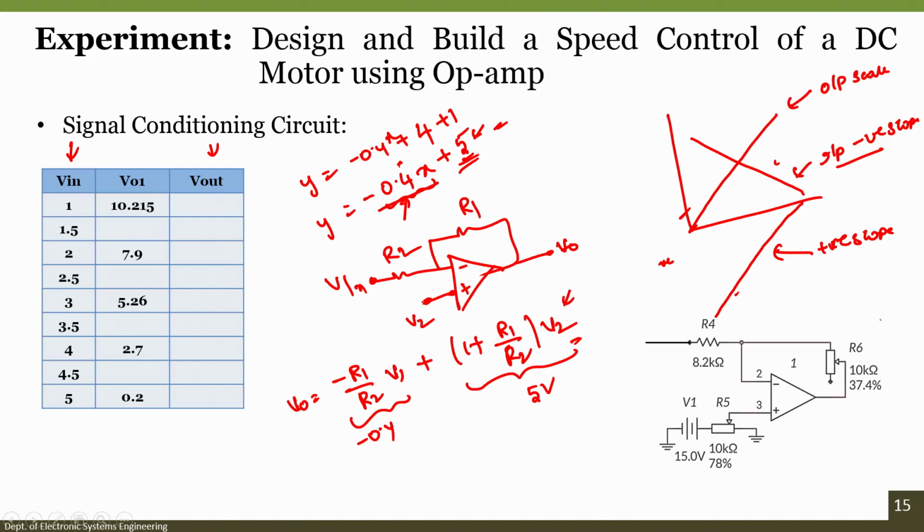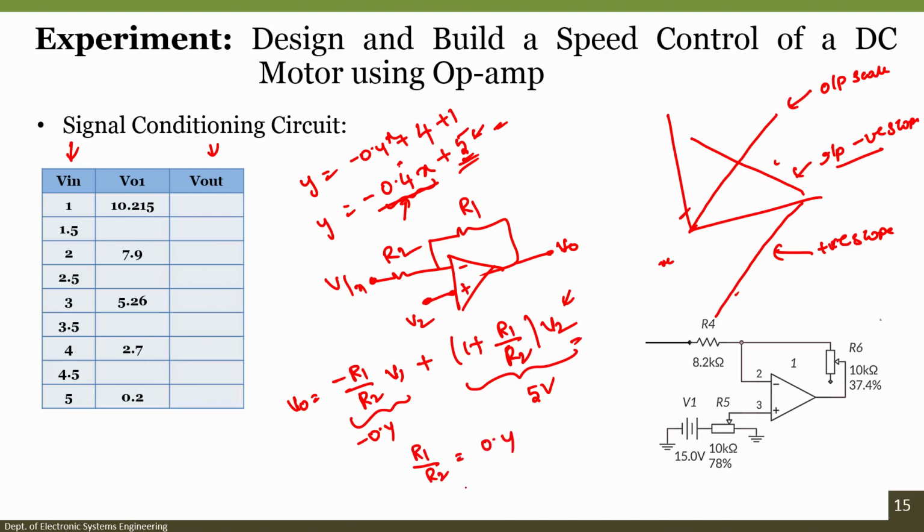So, first we will come out with the R1 and R2 values, then we will see R3 and R4. We know that R1 by R2 we require to be 0.4.